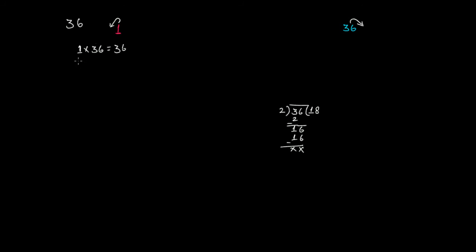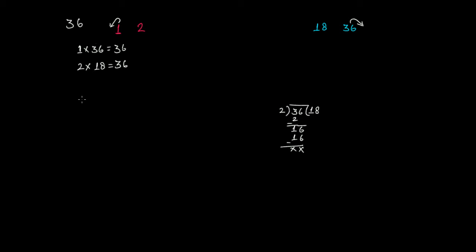So this is divisible, and 2 times 18 will be 36. Since 2 is the smaller of these two, you'll write 2 here, and 18 is the greater, so you'll write 18 here. You're just forming a list of all possible factors.